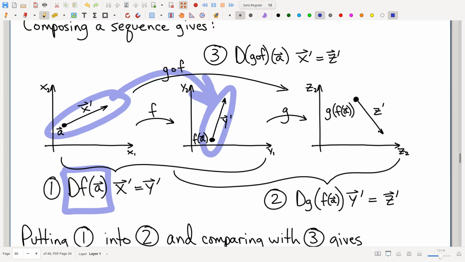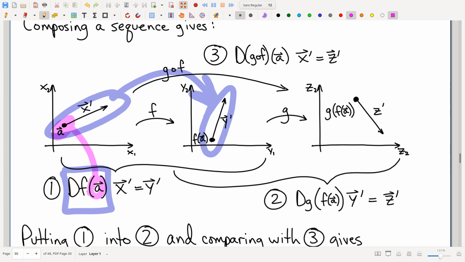Where specifically are we when we claim that we're moving with this input velocity x prime, for which we want to know the resulting output velocity y prime? Well, we're at this point A, that's where we are. So that's where the df matrix has to be evaluated. So that's why this is evaluated at the point A.